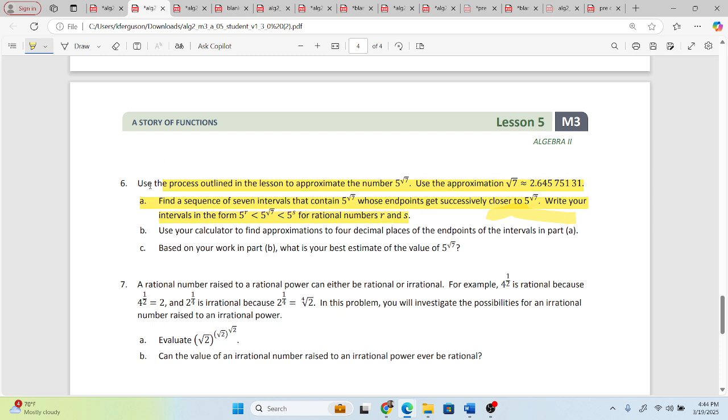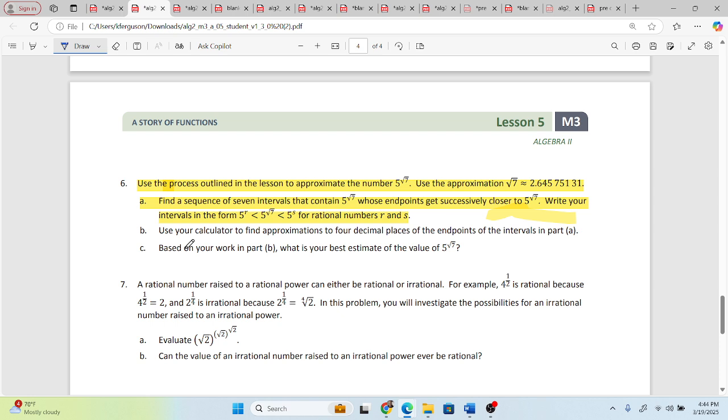Okay. So use the process outlined in the lesson to approximate the number 5 to the radical 7th power. Use the approximation radical 7 is 2.6457131.